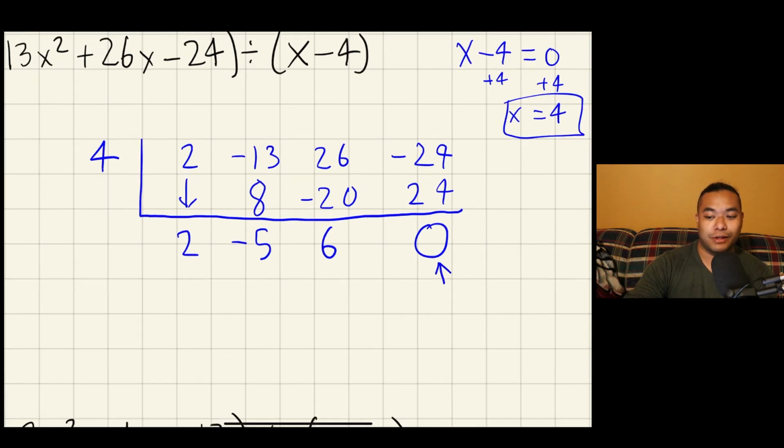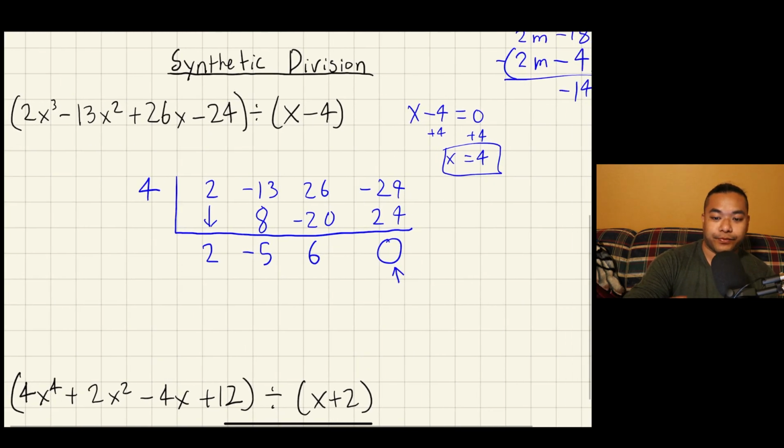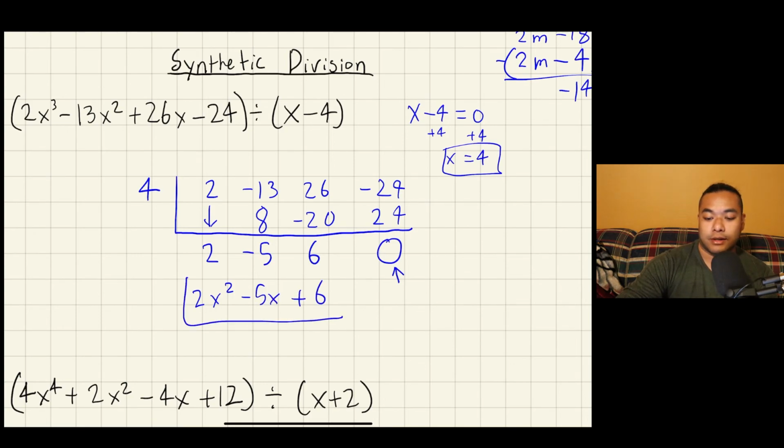It's factorable. And the way I interpret this information, 2, negative 5, 6, is by saying, well, x cubed divided by x would give us x squared. So I know this represents 2x squared minus 5x plus 6. And there's my answer.